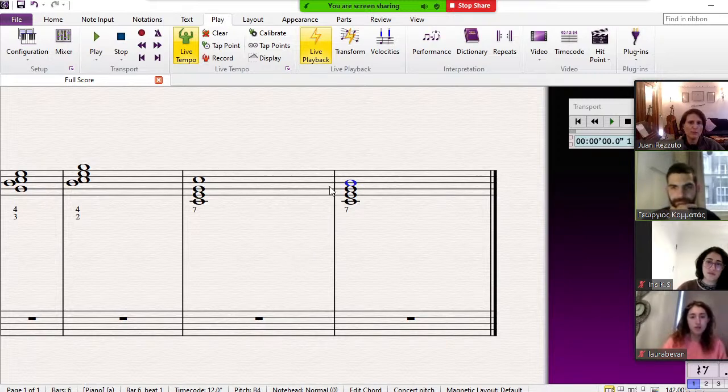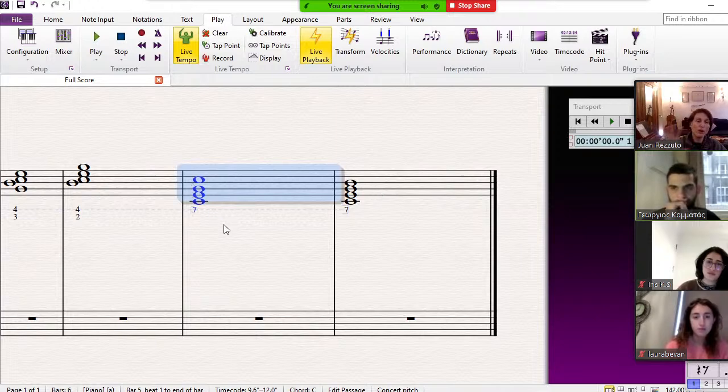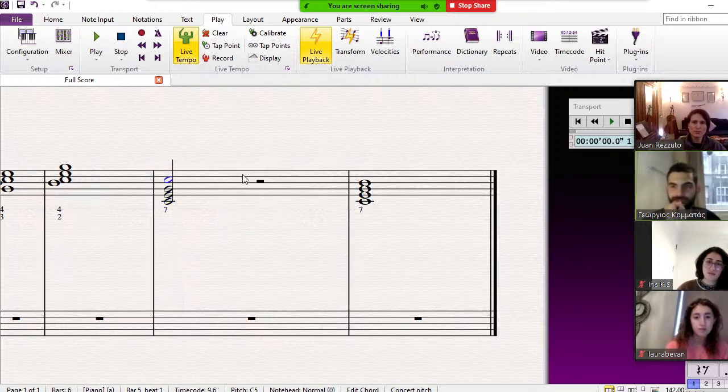If you have this chord, and this is your meter, and this is your pulse, and you subdivide this in two, and you put the B there, and then most probably resolve downwards in a consonance, what you're actually doing is what we're going to see tomorrow, a second species of counterpoint.